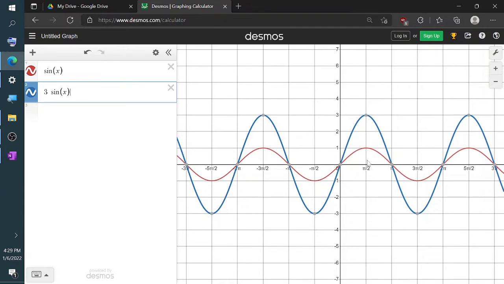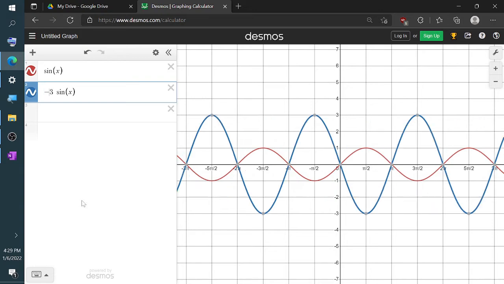Now it takes us 3 units of distance to travel from midline to peak. As a quick note, we have a positive 3 here, but if we put a negative 3 here, it will flip the graph vertically, but the amplitude will not actually change. The amplitude of negative 3 sine x is the same.